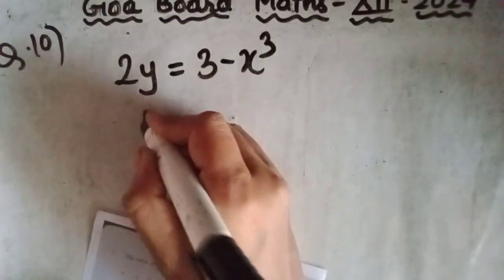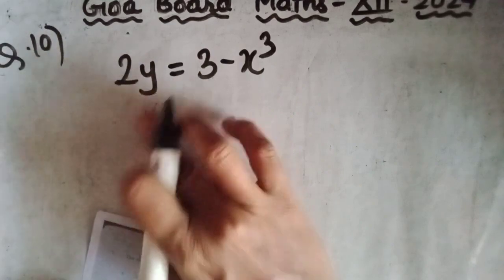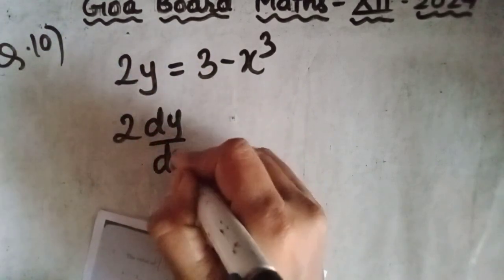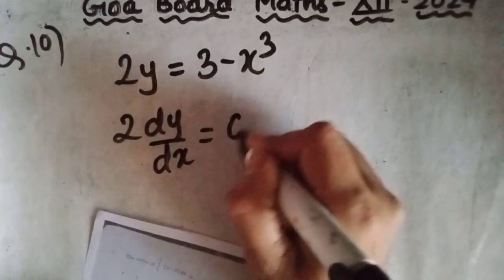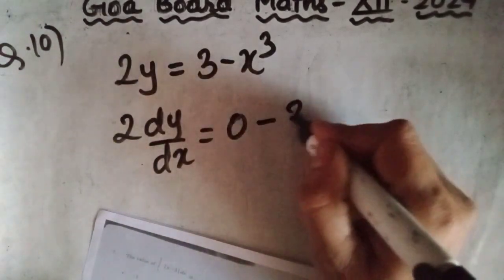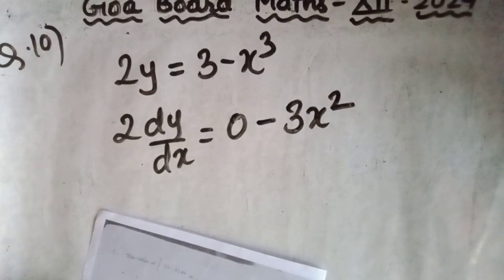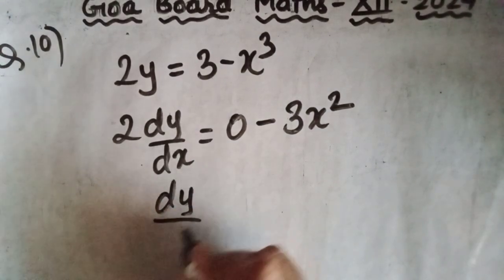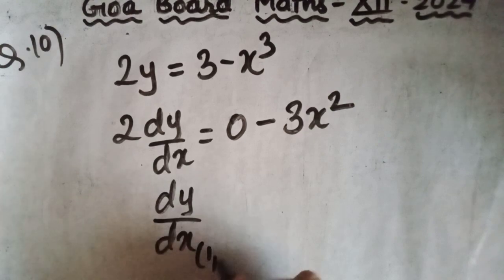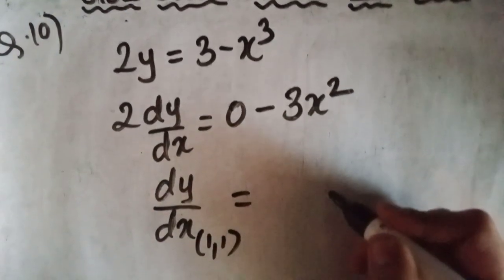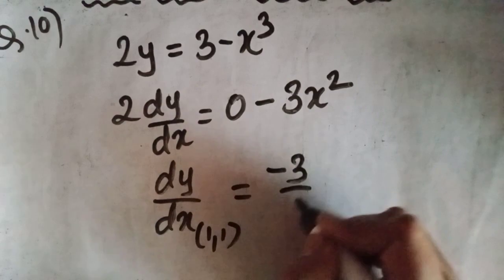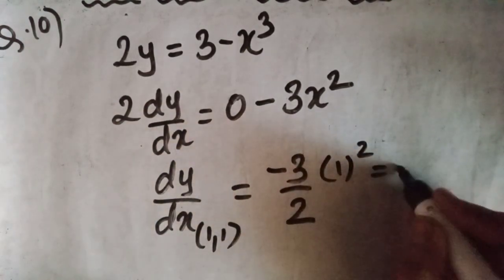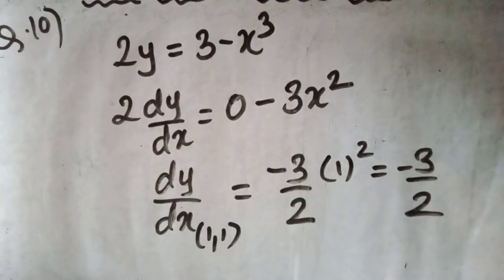Okay, so finding the derivative, you will get 2 dy by dx equals, derivative of 3 is 0, minus 3x square, at the point 1 comma 1. So you have to substitute 1 comma 1. This is minus 3 by 2 x square, so 1 square. So the answer is minus 3 by 2.